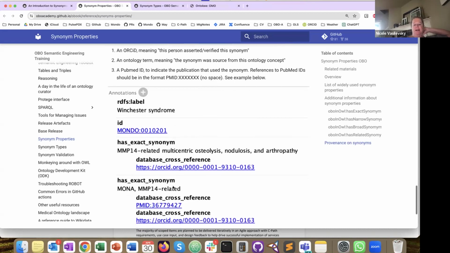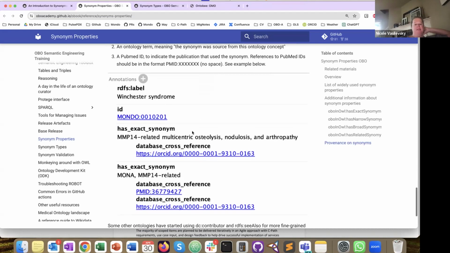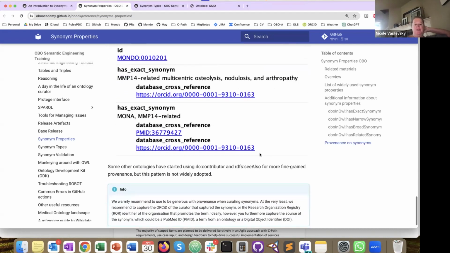Or we'll add a PubMed ID if the specific paper mentions this term as a synonym. We use a format where we have PubMed ID, colon, no space, and then the number. So you can see that in these examples below.